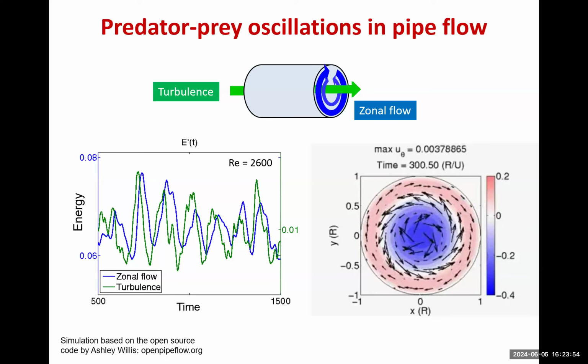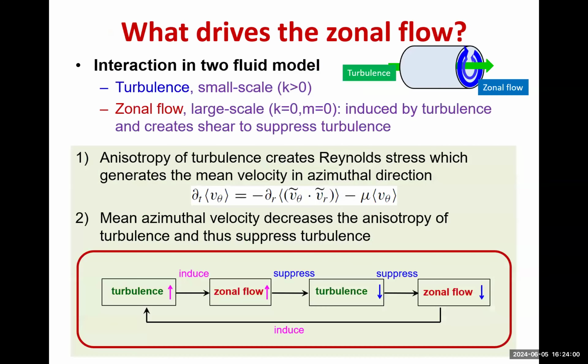And this is the structure of this mode. This is a slice through it showing the velocity vectors and so on. So what's happening is this. If I look at the velocity fluctuations of the small-scale turbulence, you can derive this equation from the Navier-Stokes equation. The radial gradient of those fluctuations generates the flow in the azimuthal direction.